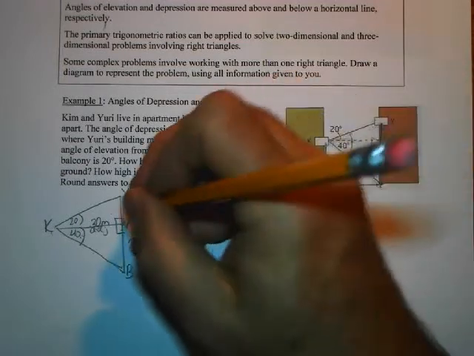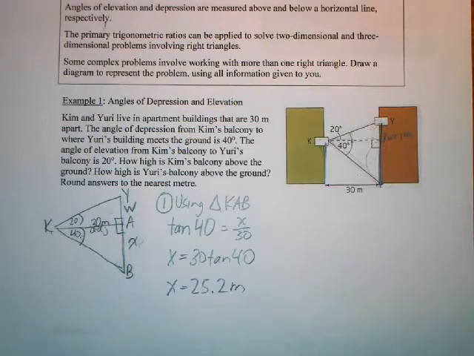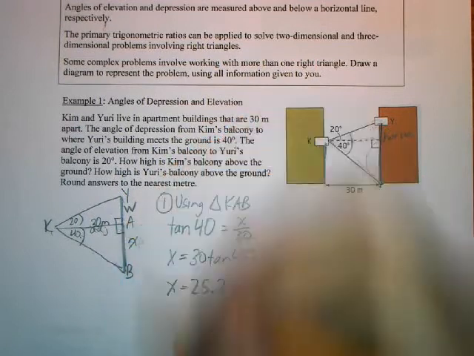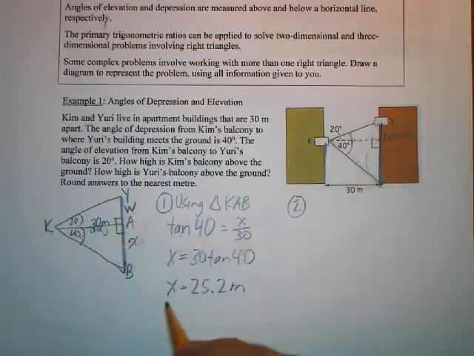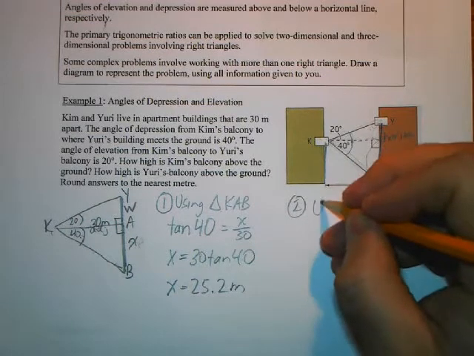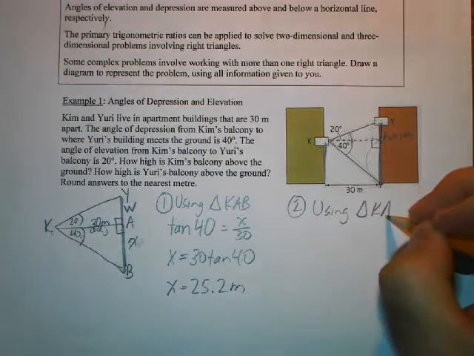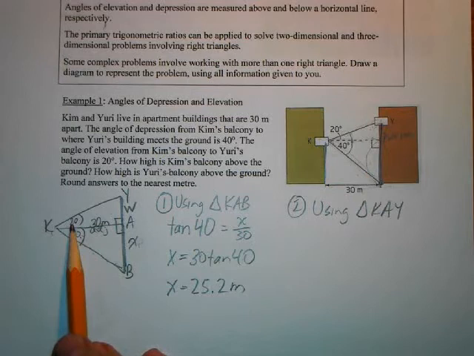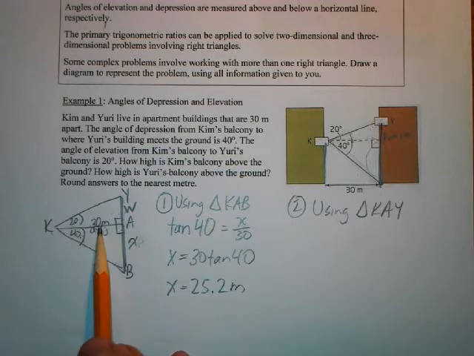Now I'm going to call this side, well, not y because y is already there. Let's call it w. W is this side here, x is this side here. So now we're going to use the other triangle at the top, triangle KAY. If I'm looking up there, there's my angle that I'm using. That's the opposite side, which I want to know, and that's the adjacent side.